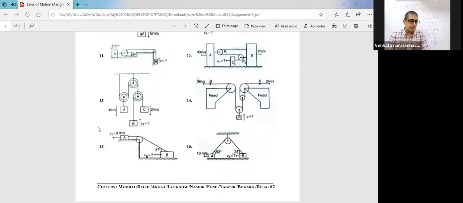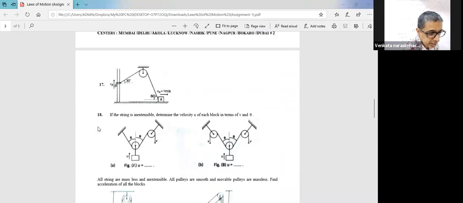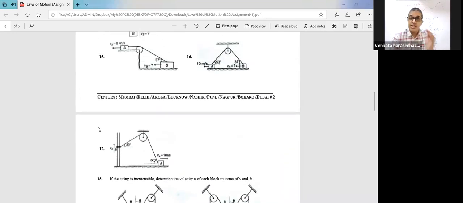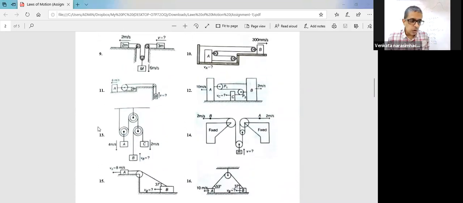You will solve up to the 14th question. I have not taught you the 15th, 16th and onward. There theta comes into the picture. I have not taught you that in today's class. So homework is up to the 14th question.